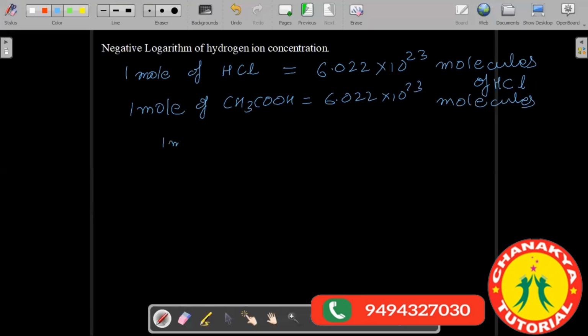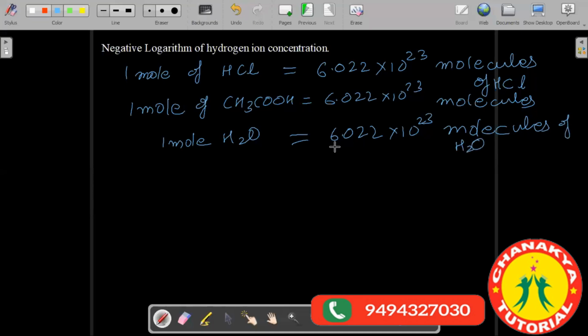If I have 1 mole of water, again the same thing, 6.022 multiply 10 to the power 23 molecules of water. So is this much clear about the mole concept? Yes, sir. Only this much is required. The rest is not required in your grade 10; you will be doing it in grade 11.